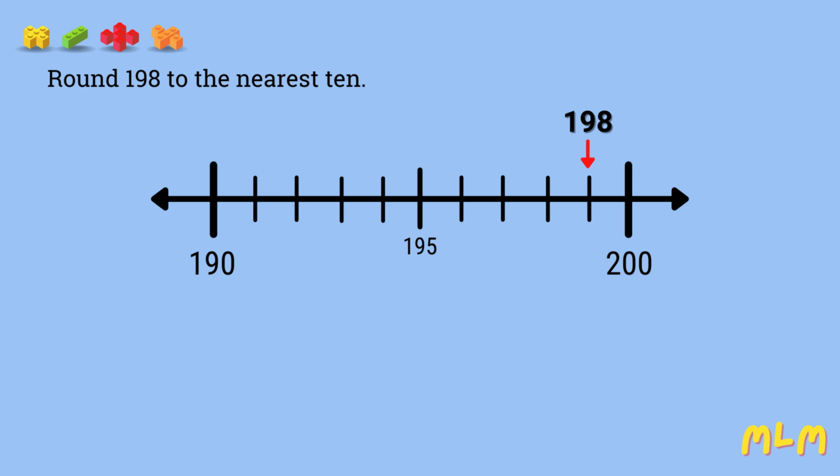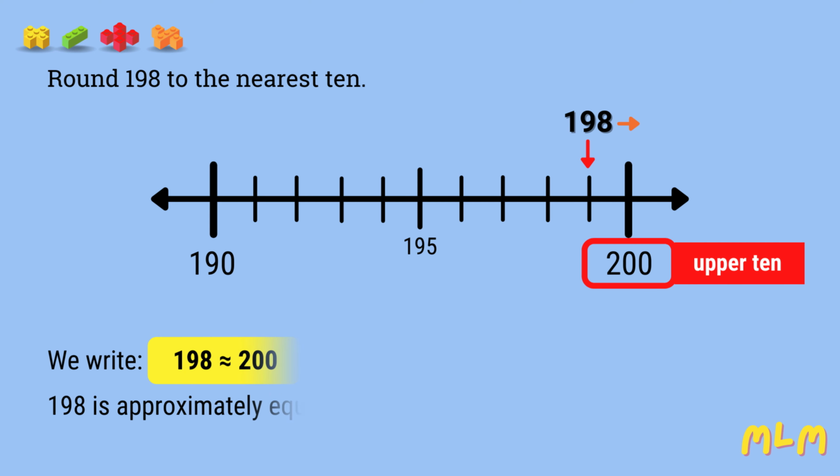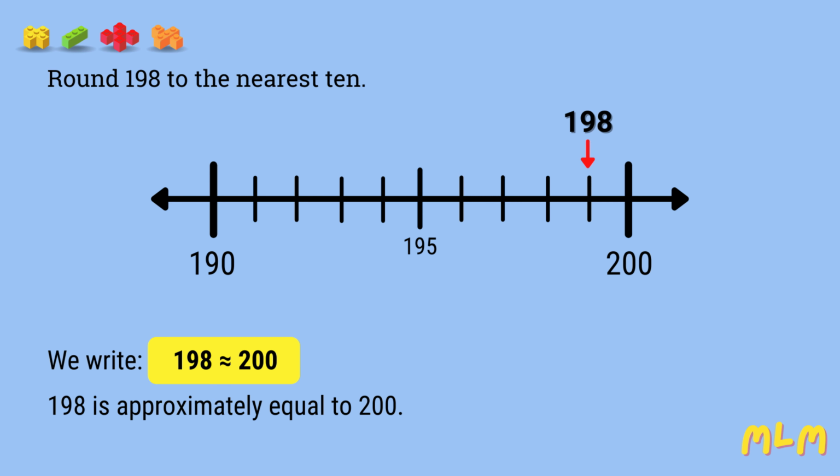What are the lower and upper tens of 198? 190 is the lower 10 and 200 is the upper 10. Which 10 is nearer to 198? 190 or 200? 198 is greater than 195 and it is nearer to the upper 10, 200. So we round it up to 200. 198 is approximately equal to 200.